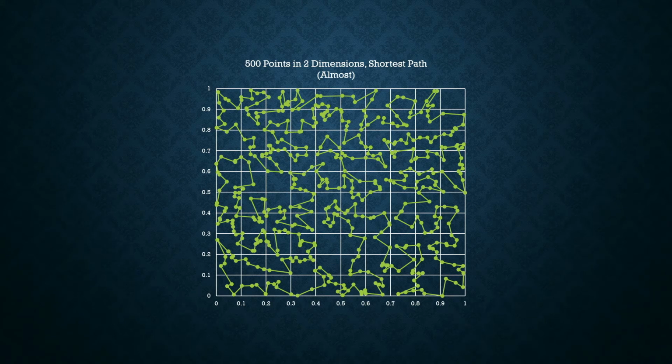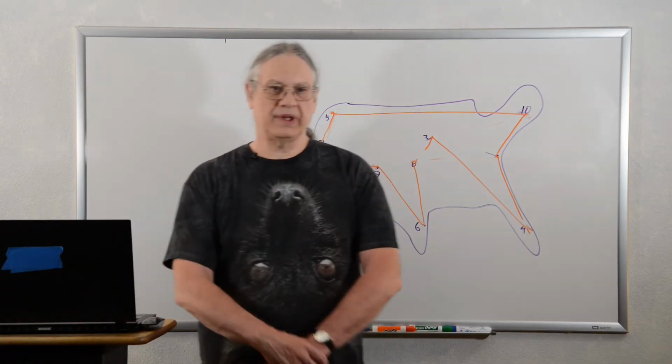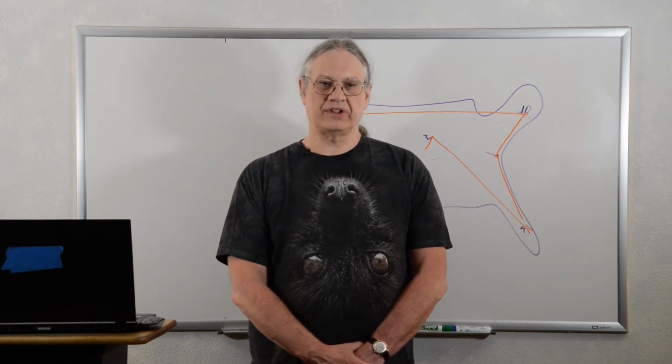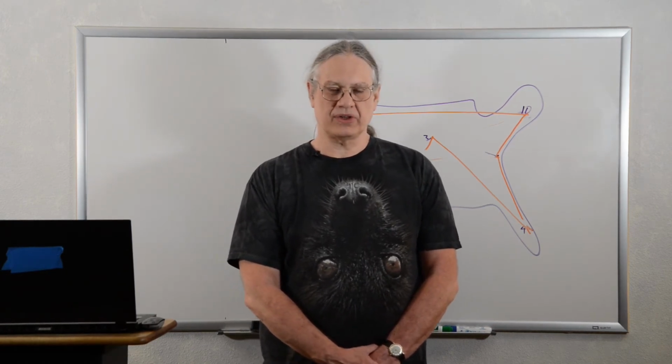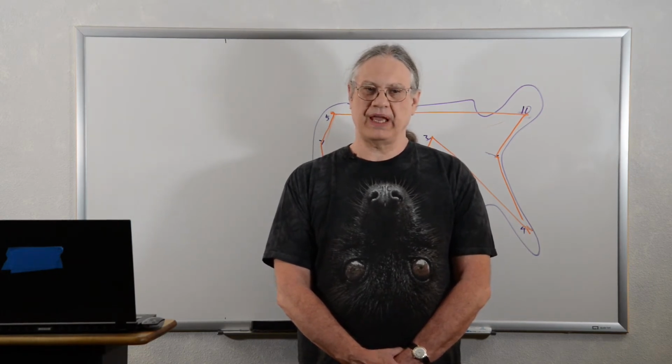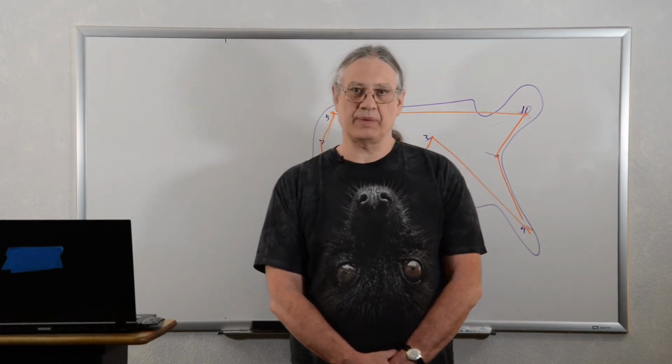So here is 500 points in 2 dimensions sorted in their shortest path. We will sort our 500 notes using the shortest path in 5 dimensions. And when we listen to the notes sorted in the shortest path, you will be able to tell where you are in the 5-dimensional space. The shortest path sequence provides a gentle, meandering, melodic journey through the hyperspace.